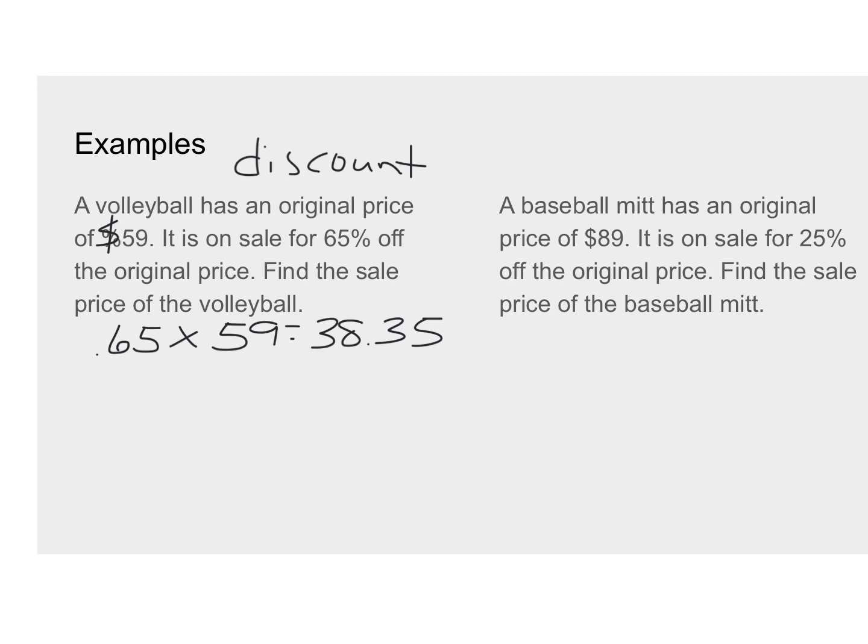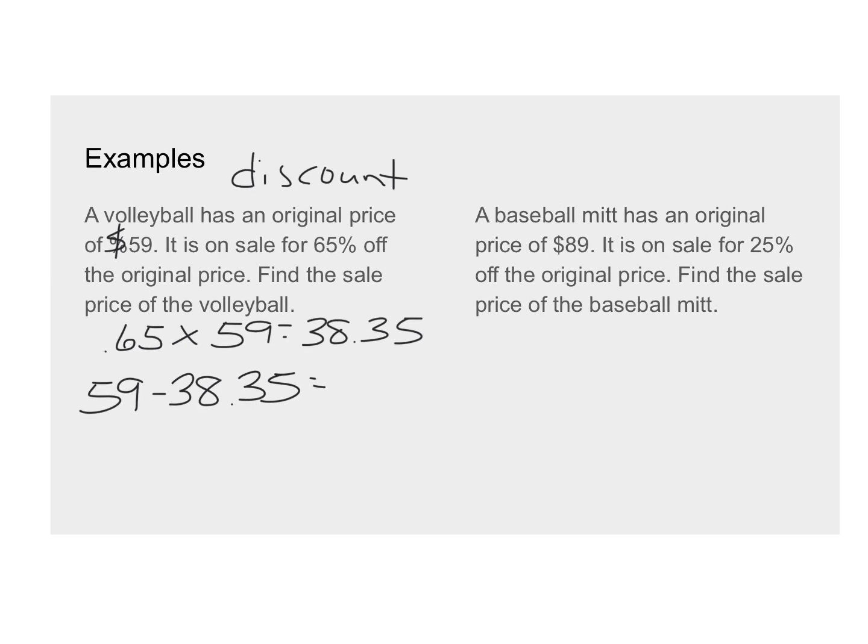What do I do with that now to find our overall selling price? 59 minus 38.35. Yep, why do we want to subtract? Because you're discounting it, so you're decreasing the price. What do you get when you subtract those? $20.65. Does everyone agree?